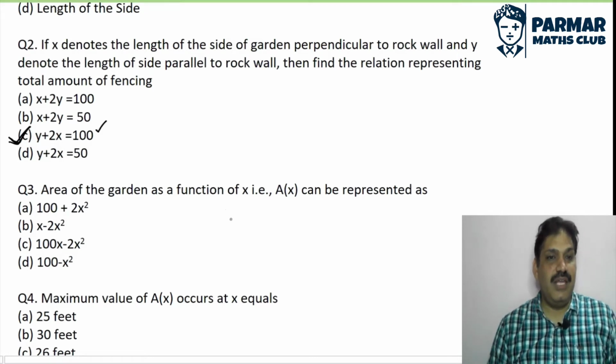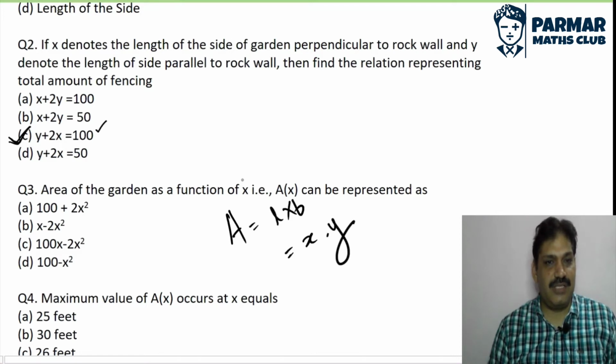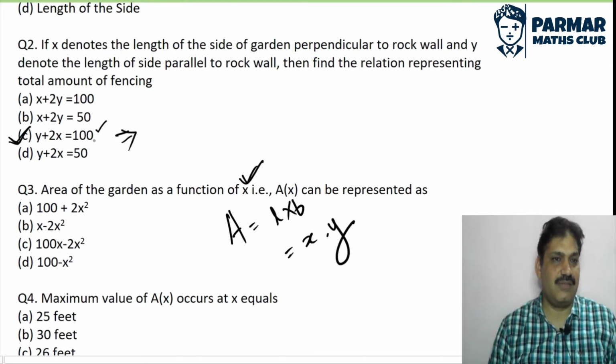Okay. Now area. We know that area is equal to length into breadth. The length is x and breadth is y. And we are to express it as a function of x. So I can find the value of y from this part. Here we will get y is equal to 100 minus 2x, because y plus 2x is equal to 100.